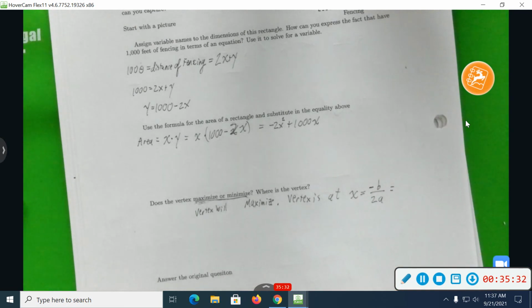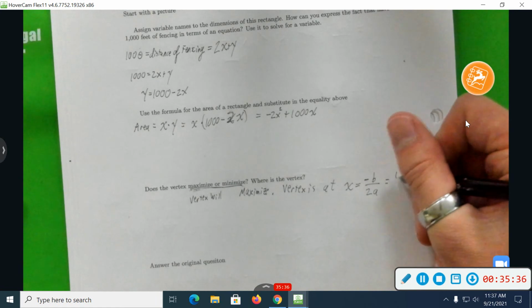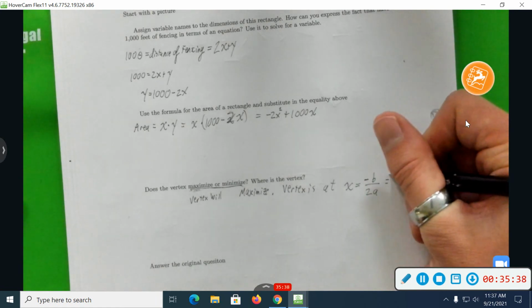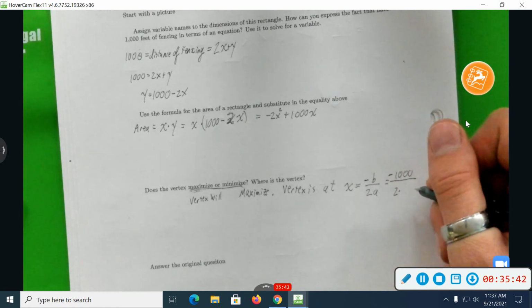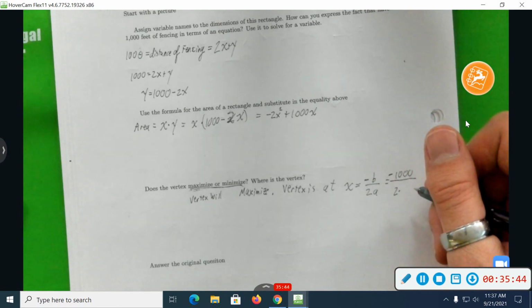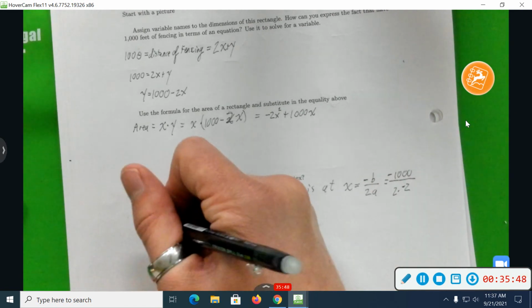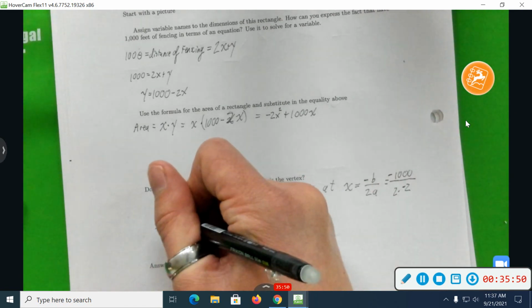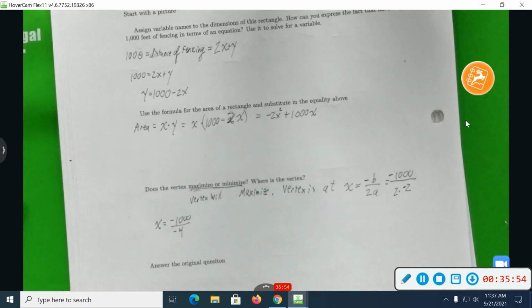So let's just sub in. What is b? 1,000. Oh, and it's negative. Divided by 2 times a. What is a? Negative 2. Nice. So this vertex is at x equal to negative 1,000 divided by negative 4.